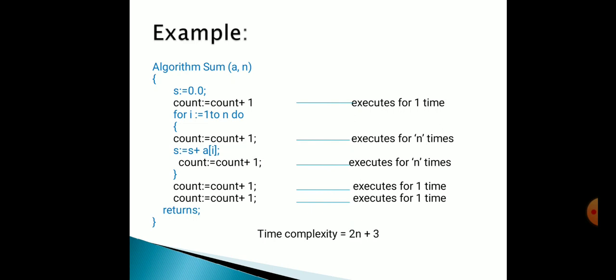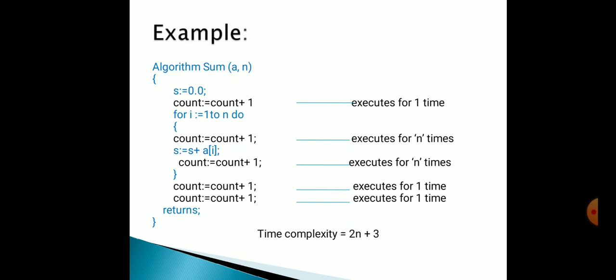Since the value of I is varying from 1 to n, the for loop is getting executed n times, and depending on the value of I, s is equal to s plus a of I is also executed n times, and the failure condition of the for loop is executed one time, and the return statement is also executed one time. So if we add all these values, you will get the runtime of this algorithm.